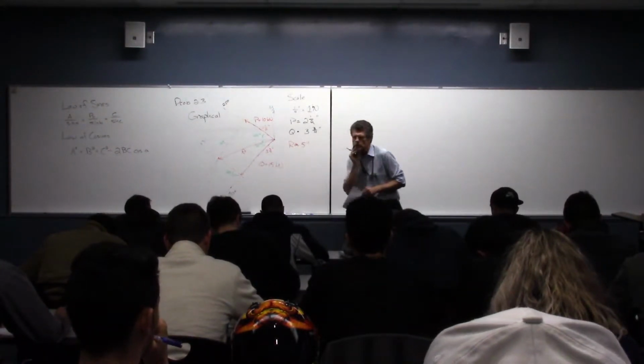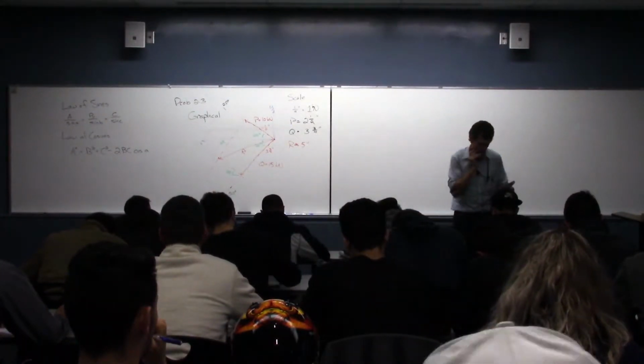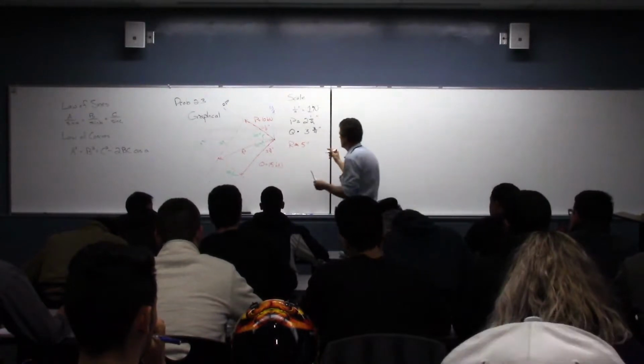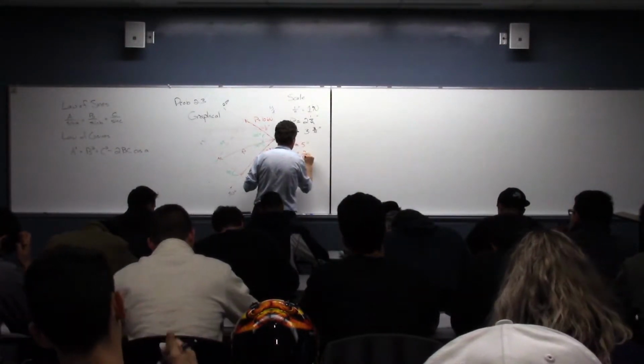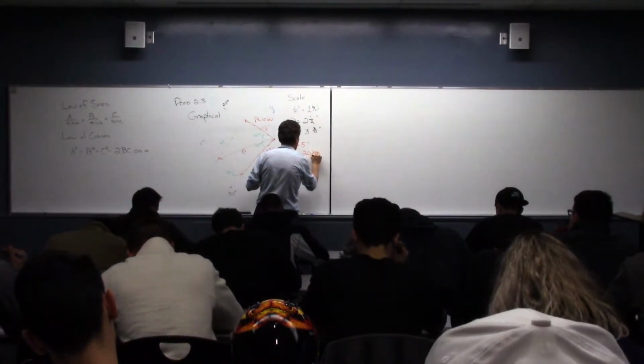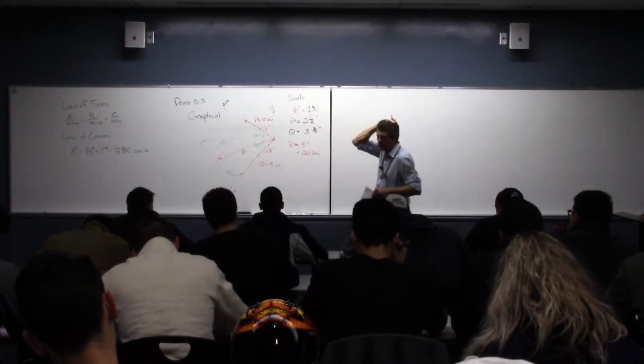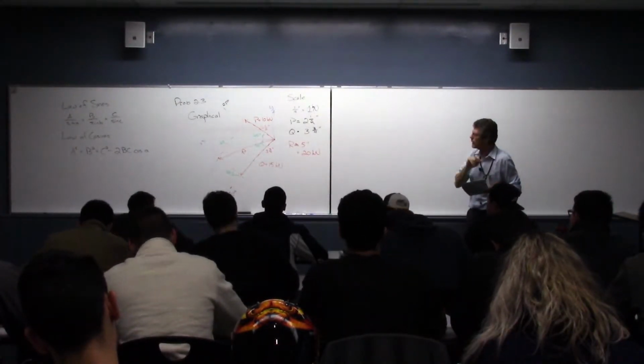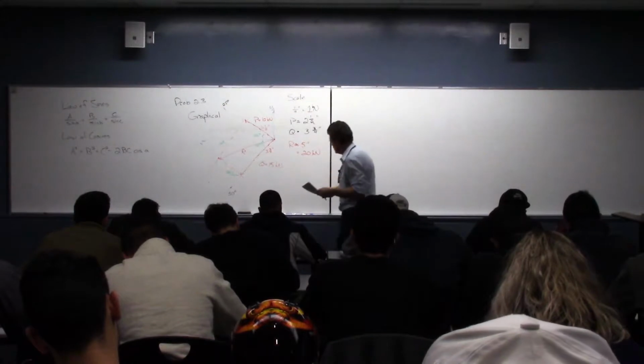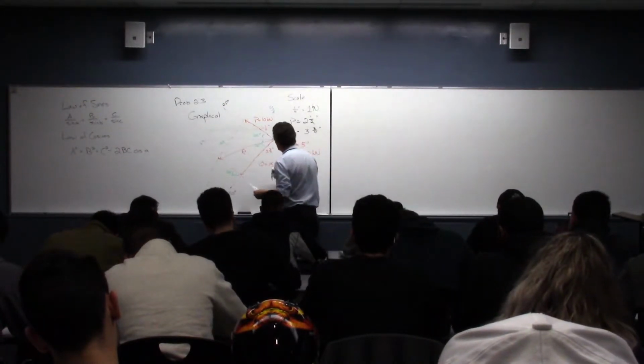When we measure it, we see R is around 5 inches, which we can convert via our scaling. So it should be around 20 kilonewtons. And then I can measure this angle.